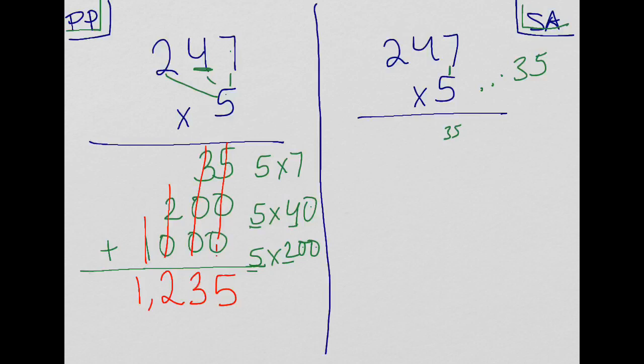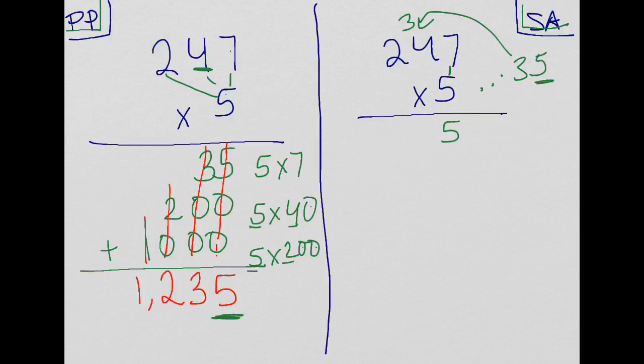That just doesn't work. I can only put one digit. So I'm going to put the 5 in the ones place. And the 3 from 35 is going to go up above so I can add it in the next round. If you notice, the 5 down here in my answer, if I look over here in partial products, there's the 5, and I just put a 5 here.